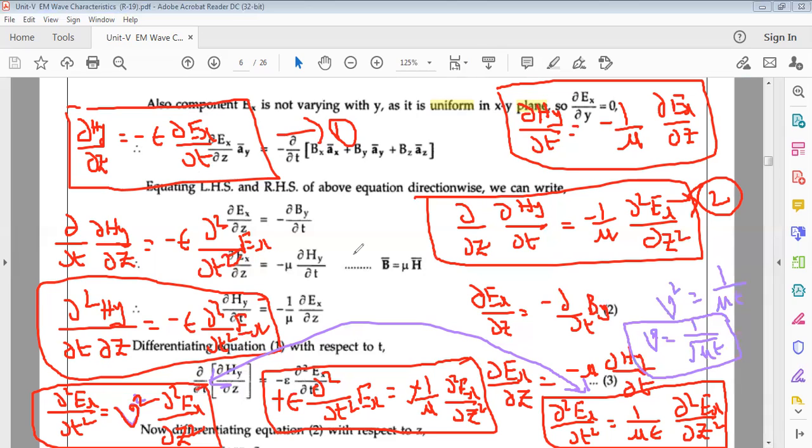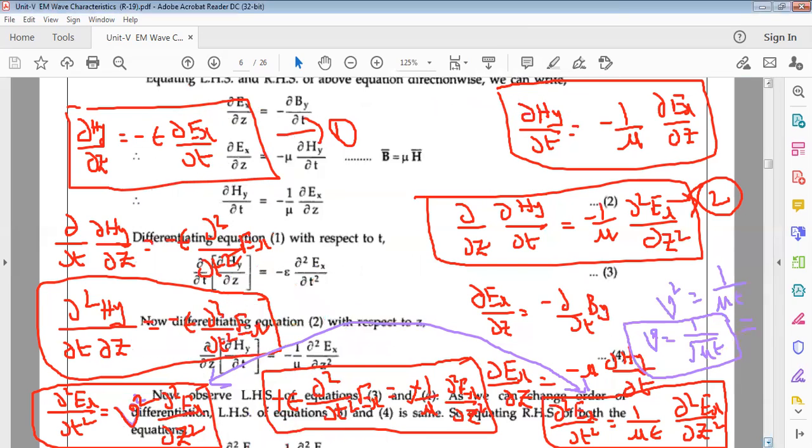And mu is equal to 4π into 10 to the power of minus 7 and epsilon is equal to 8.854 into 10 to the power of minus 12. Now you can see whether these equations are the same or not.